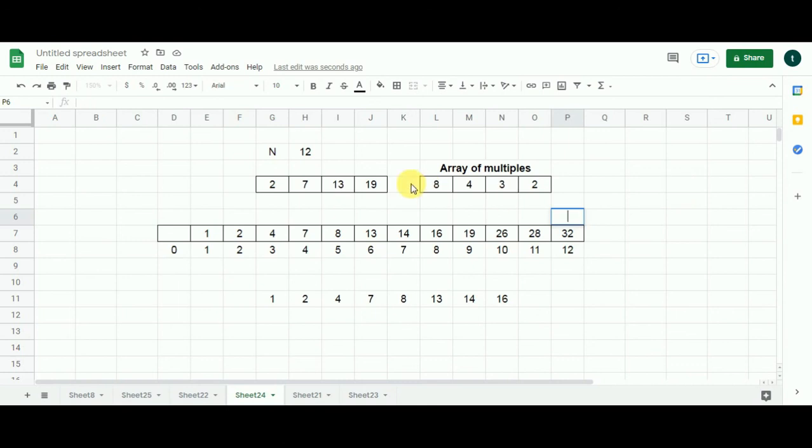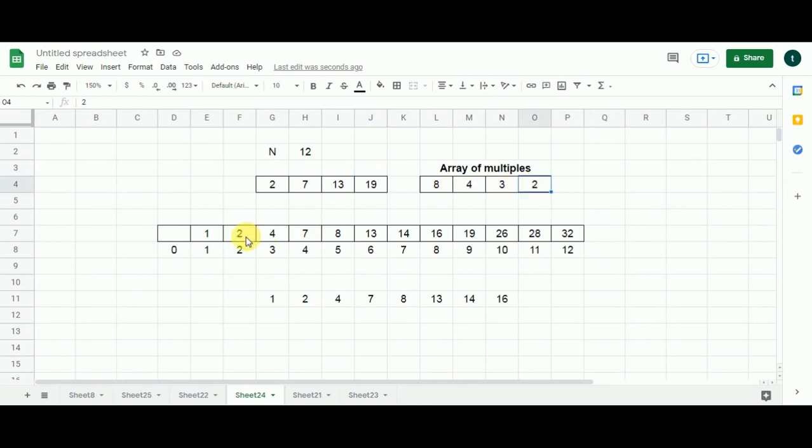I move to 13. Here the index is 3. At 3 I am getting 4, so 13 multiplied by 4 is going to give me 52 again, and that is not something we are going to cherish because it's not less than 32, so 52 gets eliminated and 32 stays. We move to the final number in the array of primes. Here the index is 2.